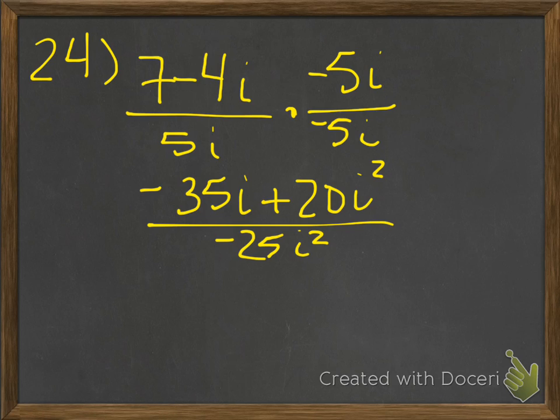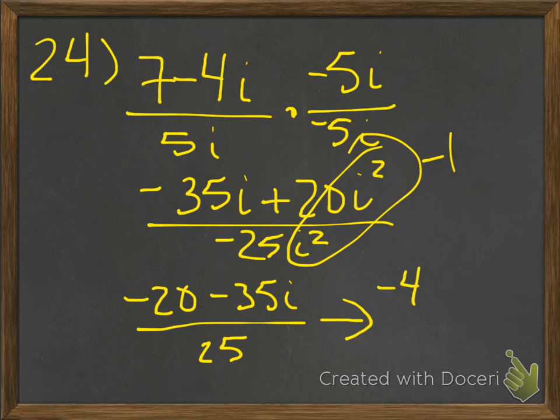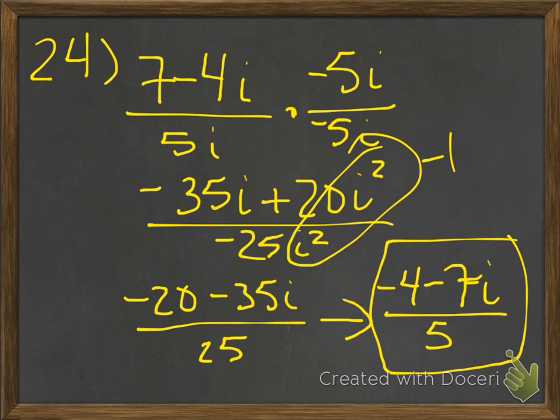Now, i squareds, remember, are negative ones. So that's actually going to change the sign. So I have negative 20, because that positive 20 will now become negative 20, minus 35i, because I like to have the i's at the end, over positive 25. Simplify, everything divides by 5, and you end up with negative 4 minus 7i over 5.